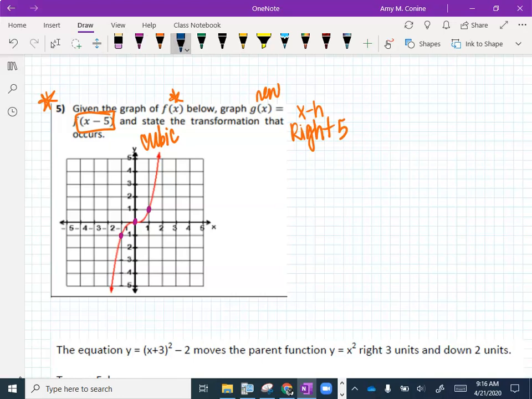So we're going to take the function they give us and move everything to the right 5. So go from 0, 0, 1, 2, 3, 4, 5. We can't put this 1, 1 on there, but we can put the negative 1, negative 1. And our graph would move something like that.